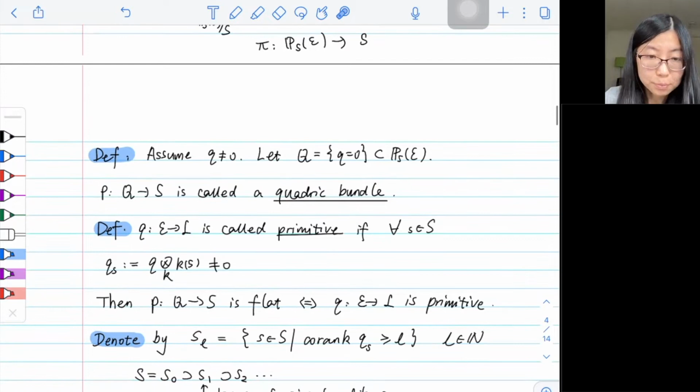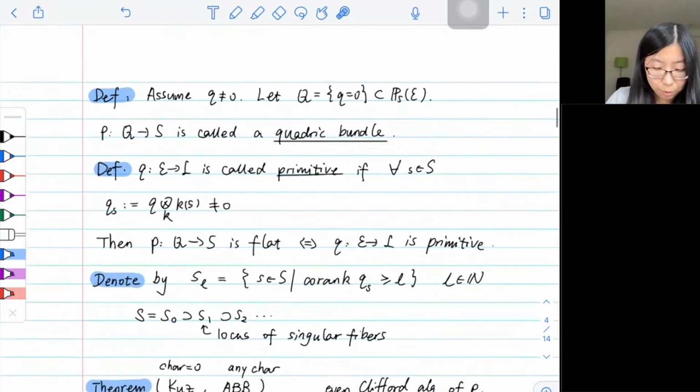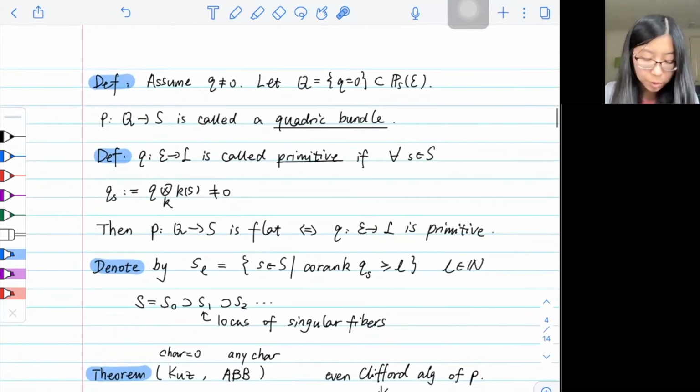The other thing for preparation is that we need to control how singular the fibers are. So we'll introduce the degeneration loci for the bundle.